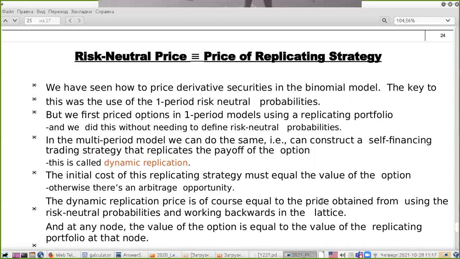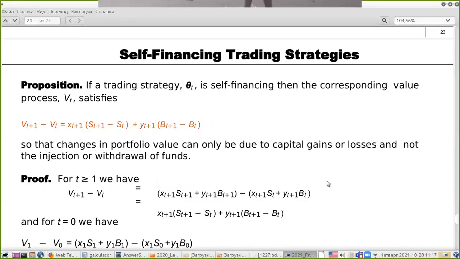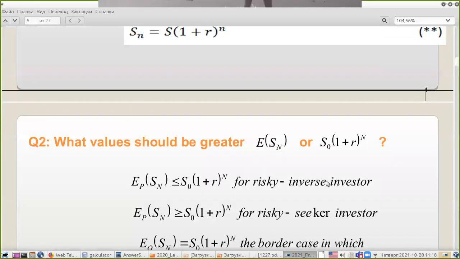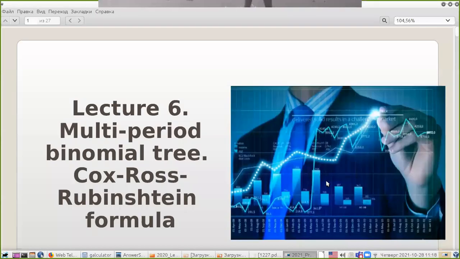So, summary. What do we know after today's lesson?